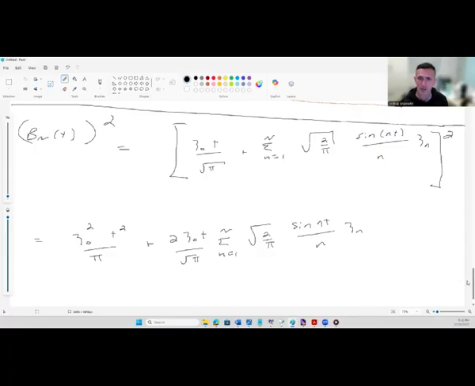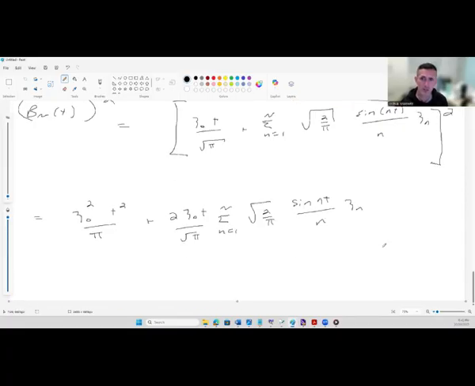And then last but not least, it's going to be a double sum, say n and then m, squaring this last term here.